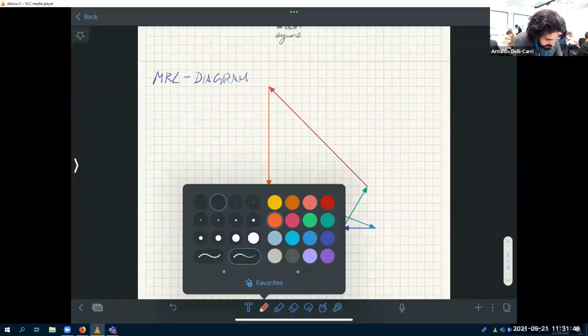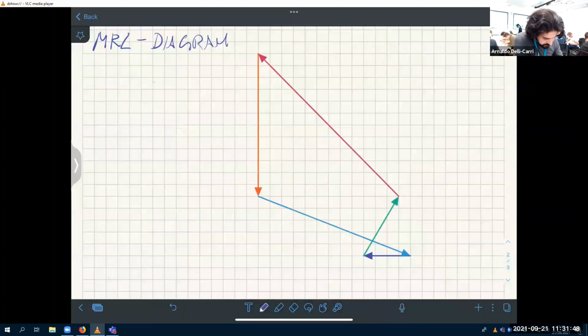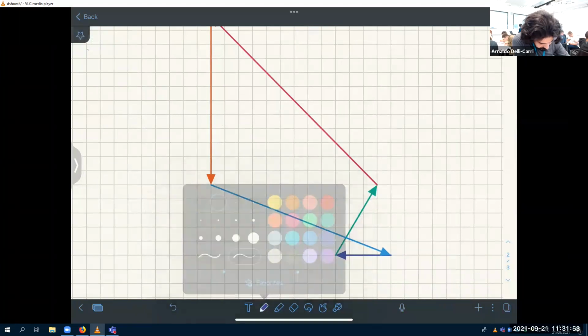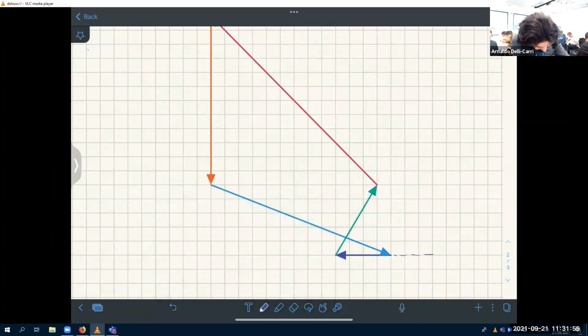And so we have, let's put the labels. So we have to label this. This is 180 degrees, and this is M1, R1, L1.